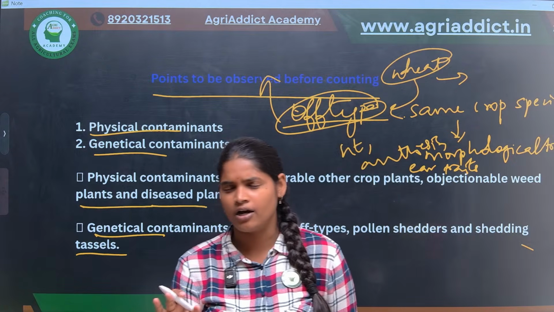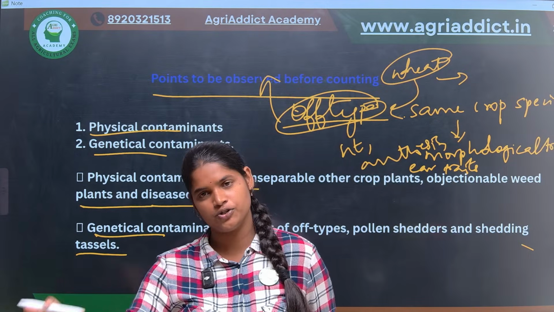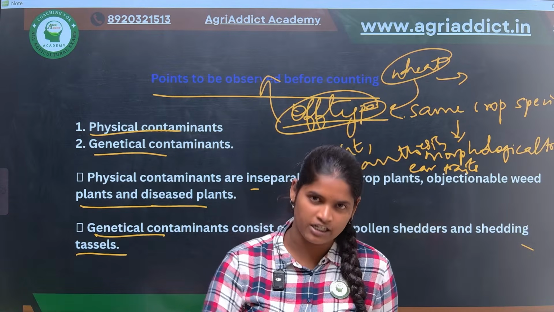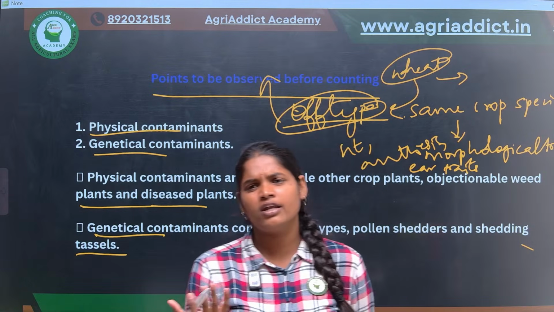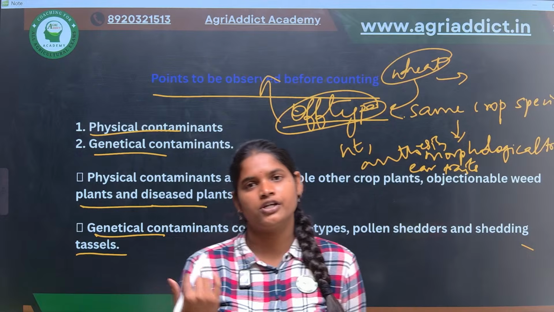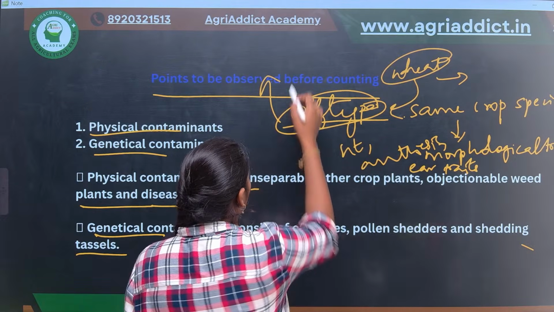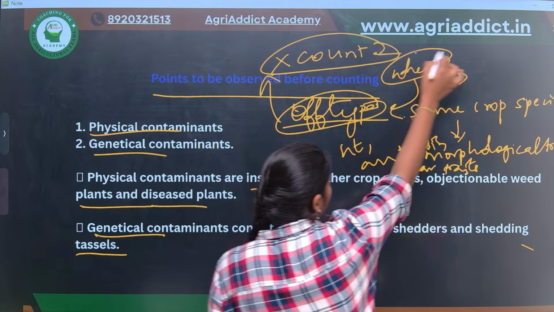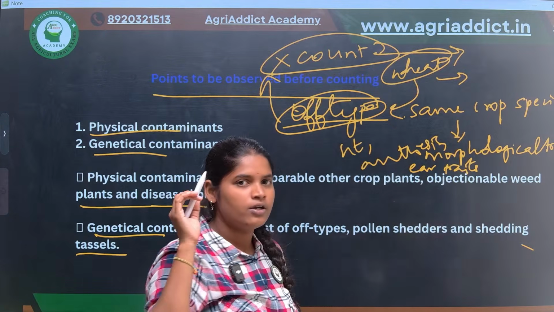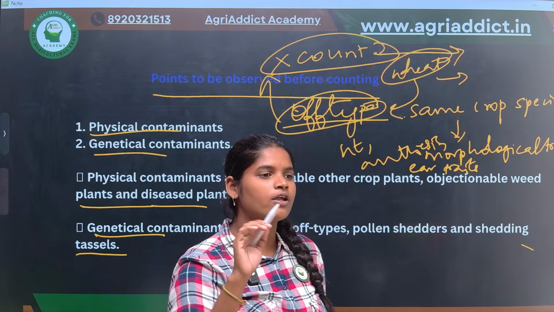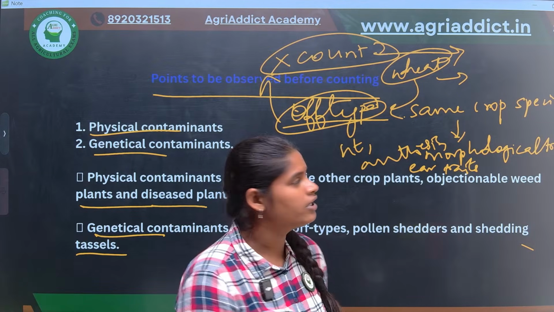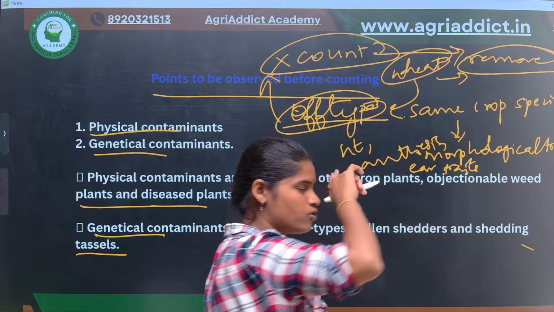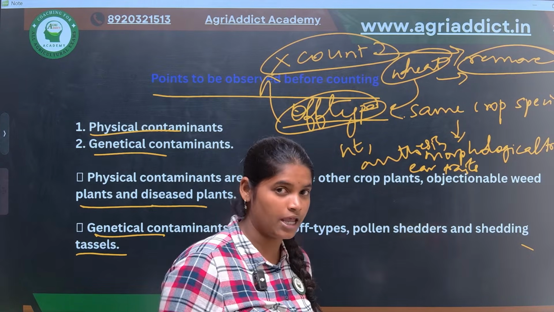If this off type is not matching with the maturity period of the seed crop, that means it is not maturing when our seed crop is maturing, so there is no chance of causing contamination. At that time he won't count it as an off type. He should not count it, but he has to mention it specially so that in the next inspection he can remove it, or he has to inform the farmer about removal of this type of off type.